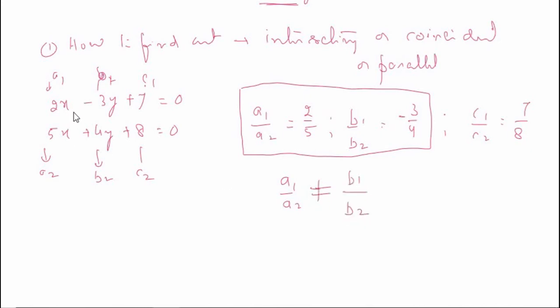In two linear equations in two variables, if the ratio of the coefficients of x and the ratio of the coefficients of y, or first variable and second variable, are not equal, then these two equations are intersecting and we will have exactly one solution.